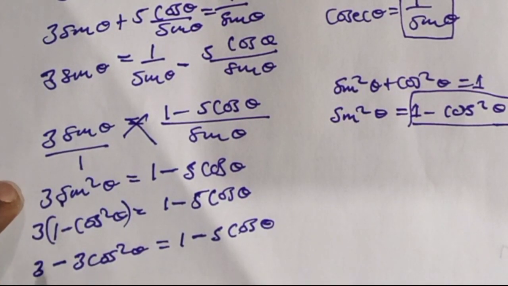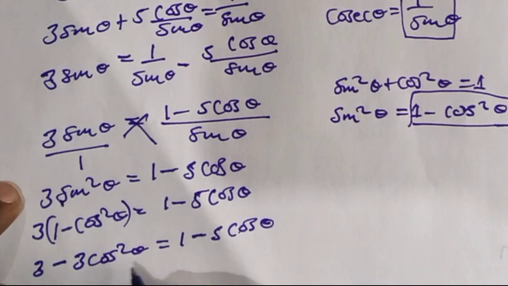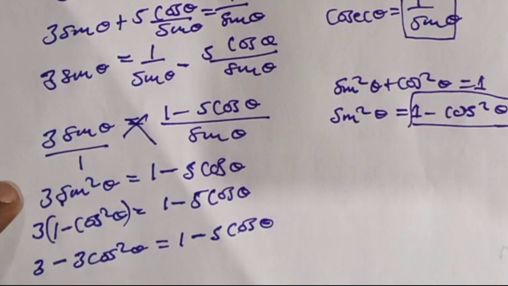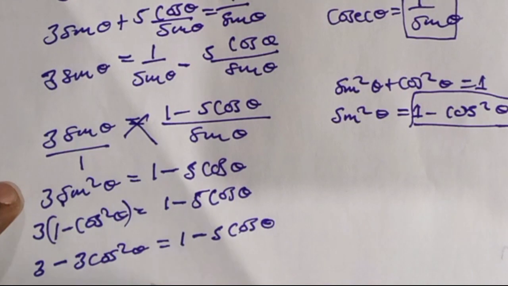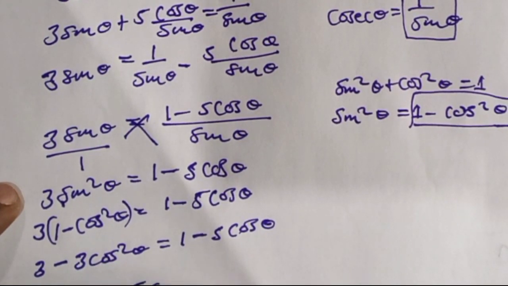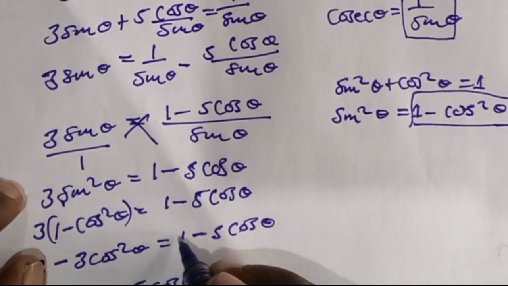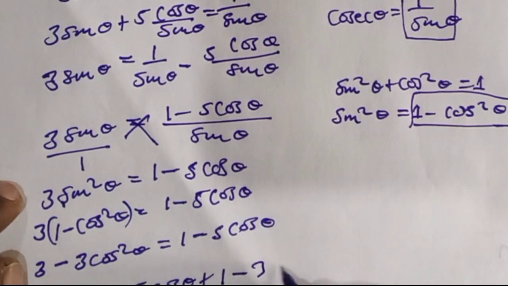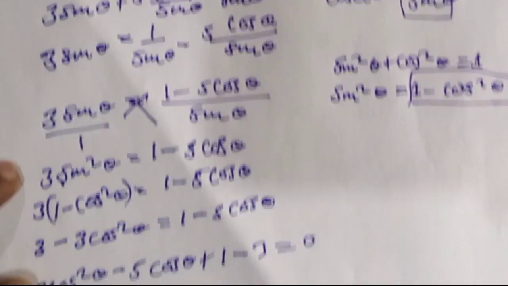Then let's get all the terms to the other side: 3 cos squared theta, then minus 5 cos theta, then minus 3, equals 0.